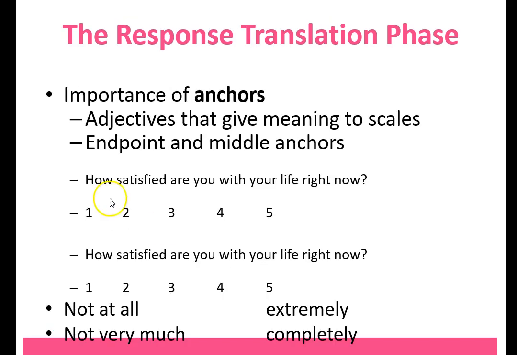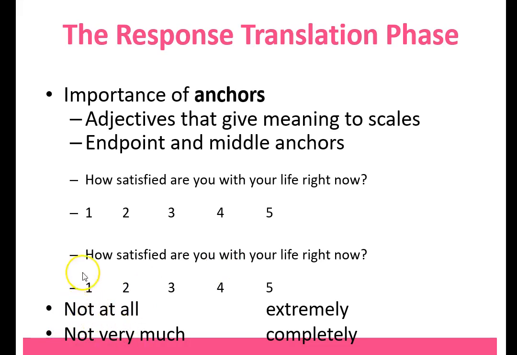Also important to give anchors to your response choices, meaning you're giving meaning to the scales. In this case of how satisfied are you with your life right now, what does a 1 versus a 5 mean? And it also matters what you put there. Does a 1 mean not at all or not very much?